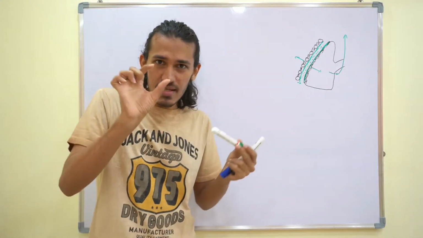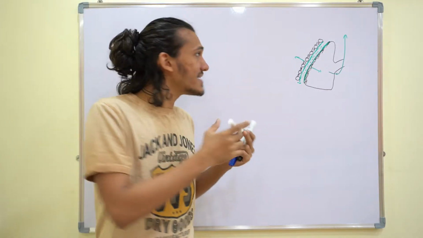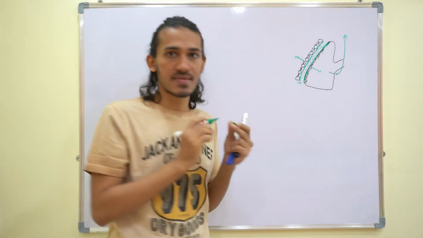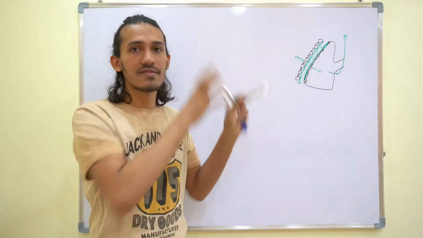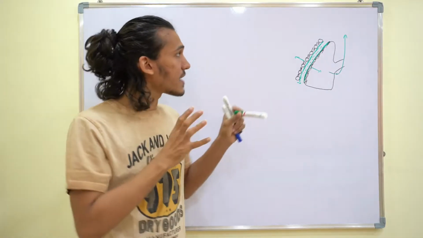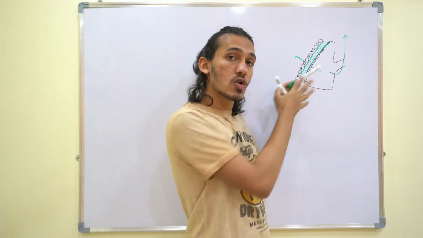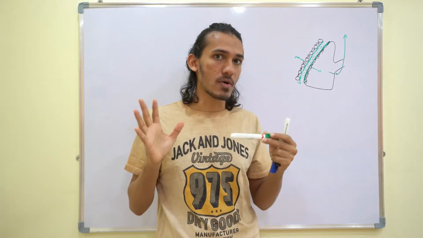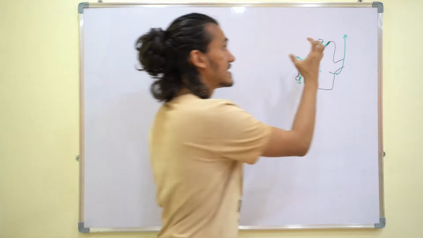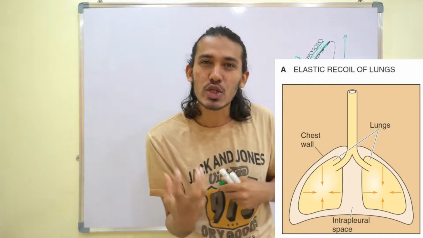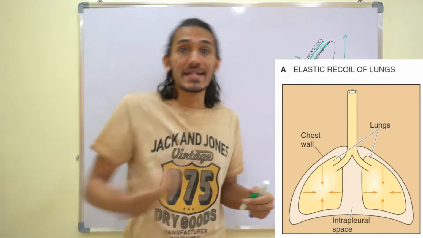So this is a very small, narrow space, and that is a closed space. So this is a closed space with your pleural fluid which is present inside. Now, this closed space I had explained to you last time out. So in this closed space, your lung parenchyma has a natural tendency to go inside.